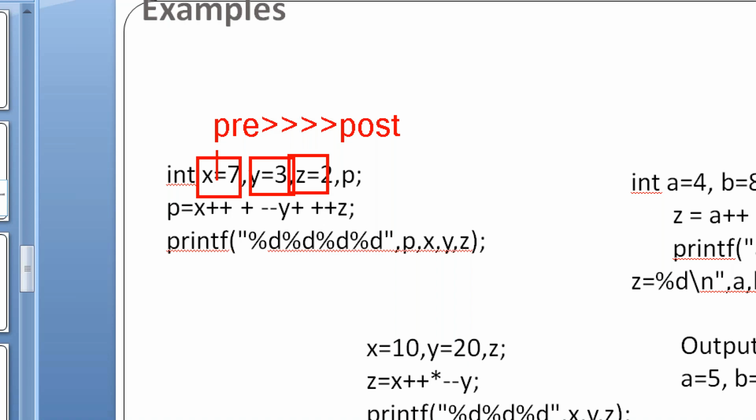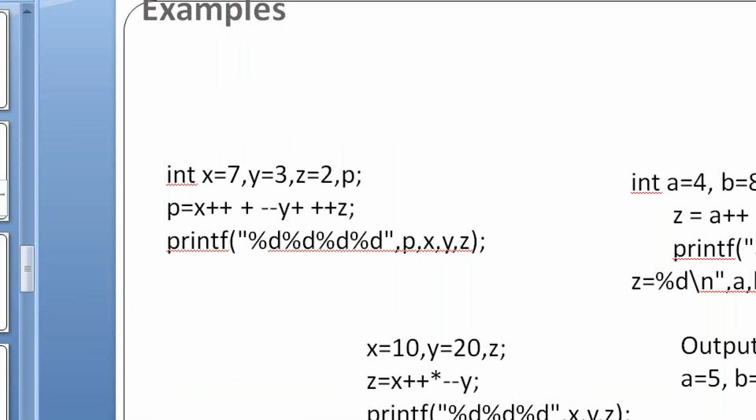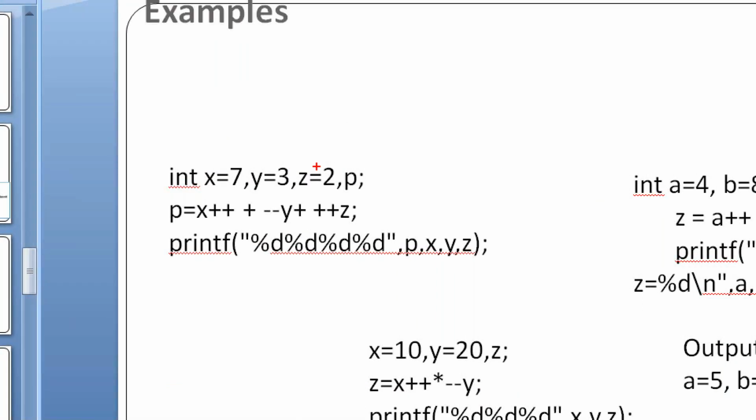So first, while simplifying expressions with the unary pre and post increment operators, the compiler checks whether there is any pre increment or decrement; those are evaluated first, and only then is post verified. Coming to ++z: it is pre, so now it will be 3.